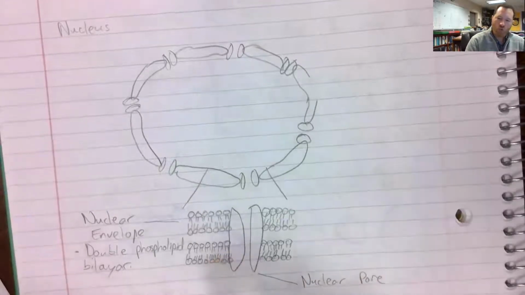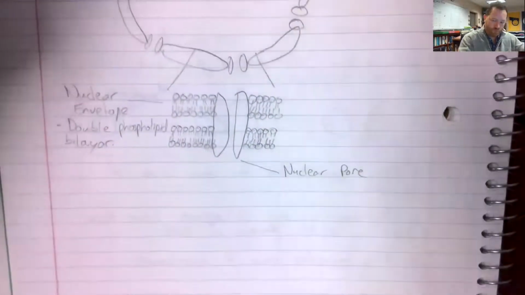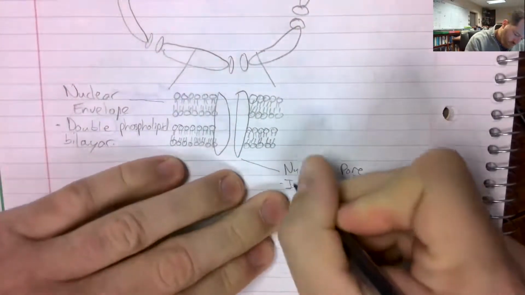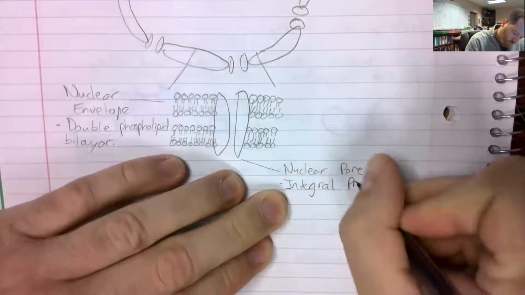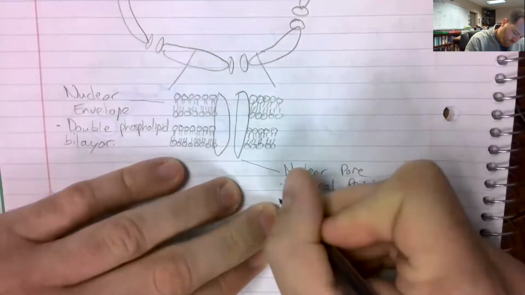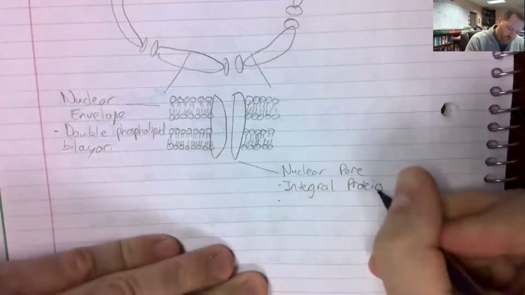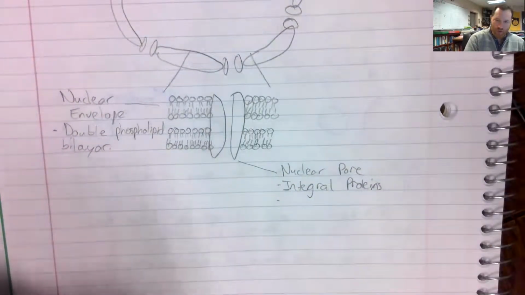This right here is a nuclear pore. They're integral proteins. We learned about these last chapter.